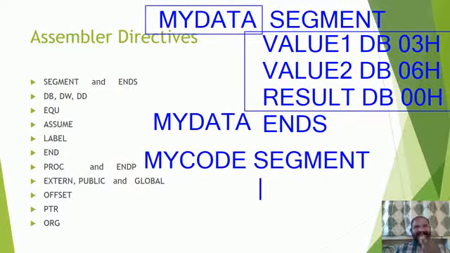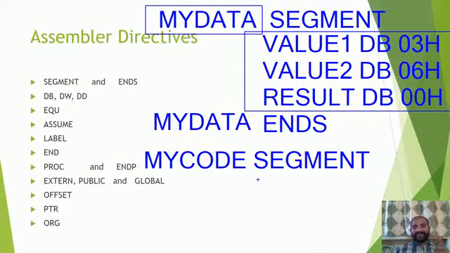Before starting the actual code, you are supposed to explicitly inform the macro assembler what your data segment is and what your code segment is, which one you treated as a code segment and which as a data segment.